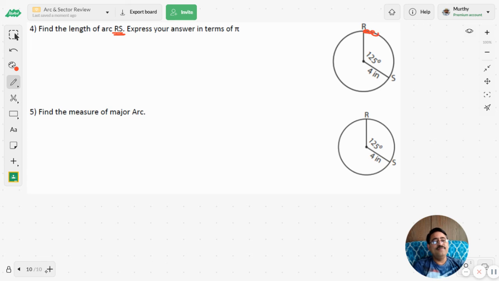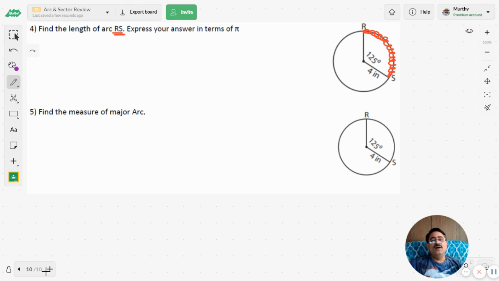R is here and S is here. You may get a doubt: can I take this arc as length of arc RS? The answer is no. If it is more than half circle, usually it is mentioned as major arc, or indicated with 3 letters.